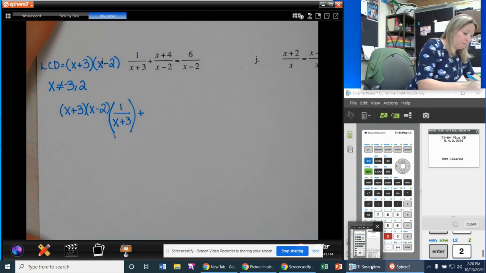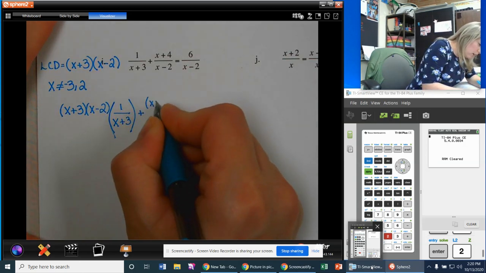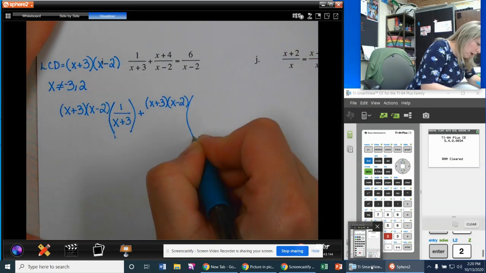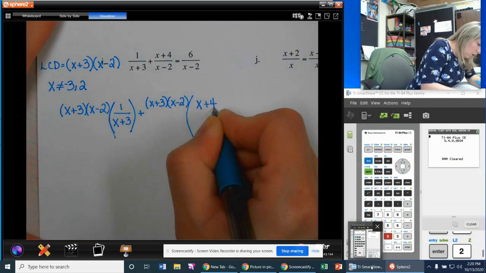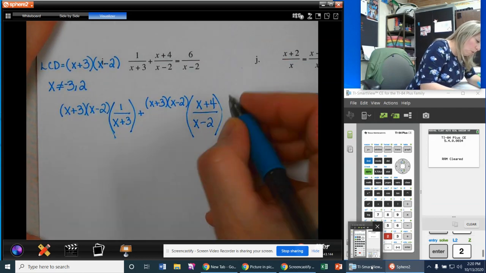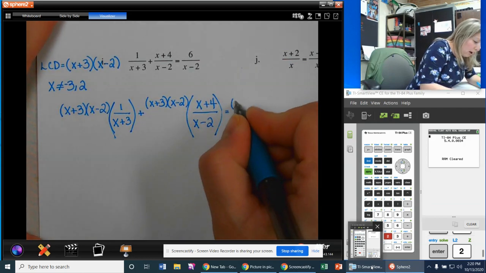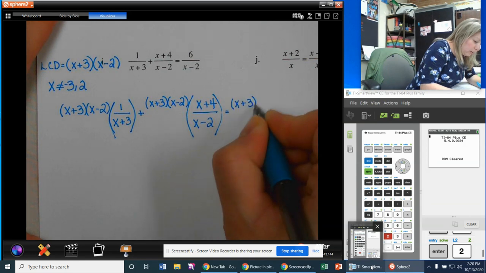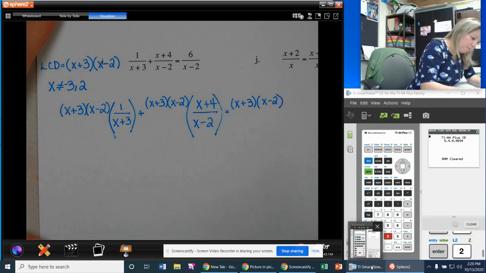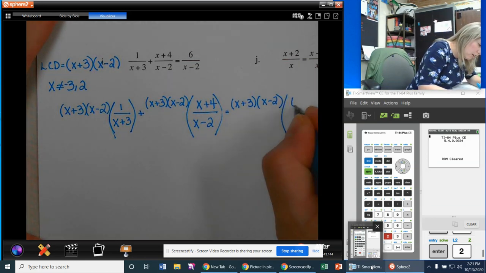Full LCD, x plus 3 times x minus 2, all getting multiplied by x plus 4 over x minus 2. And one more time on the other side of the equal sign, x plus 3, and I know I'm invading J's territory, but I'll still have room for J, don't worry, times 6 over x minus 2.